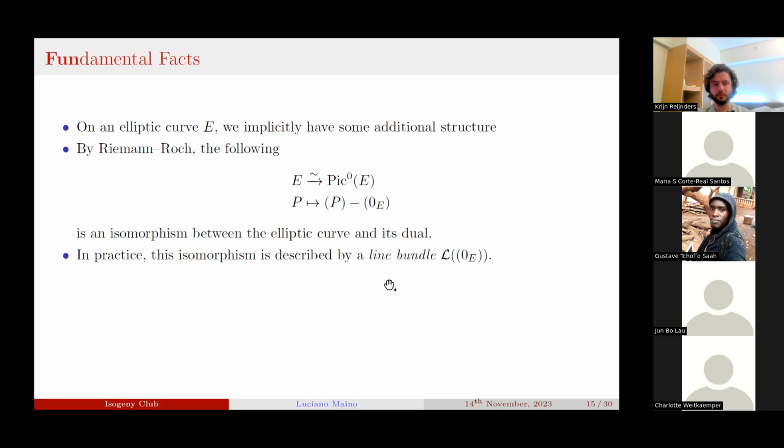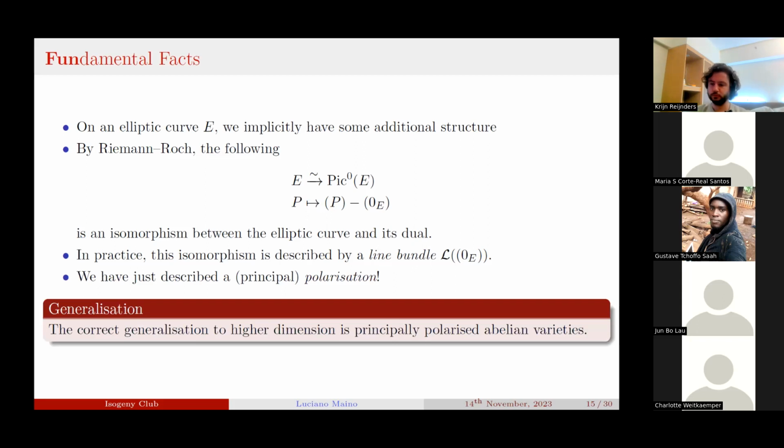And why did I do all of this? Well, the point is that we have just described a principal polarization, and that's the reason why the correct generalization to higher dimension of curves, if we go up in dimension, is principally polarized abelian varieties.